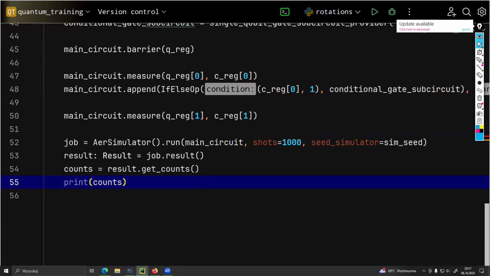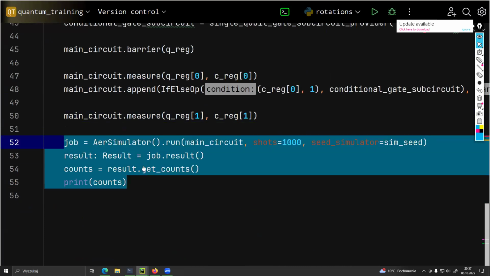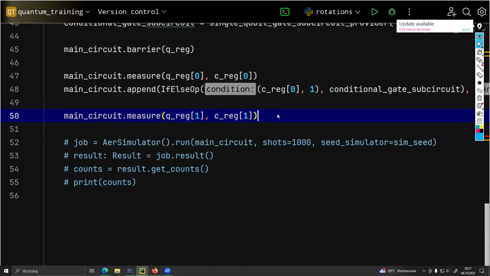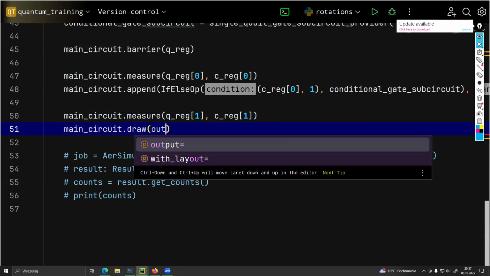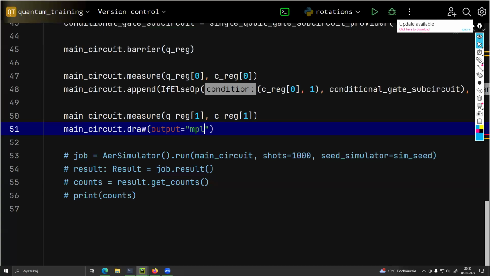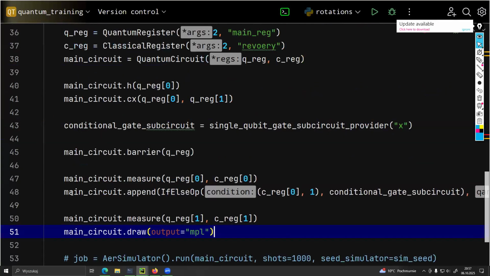So let me show you what it does. First measure, and then let me draw this main circuit with draw, output mpl, so it will be easier.